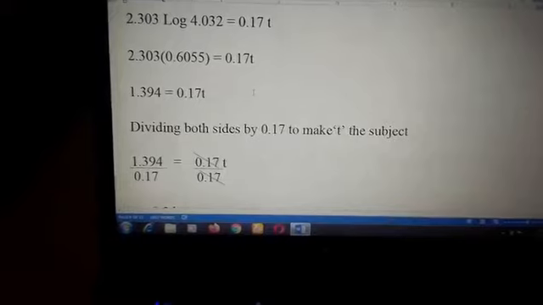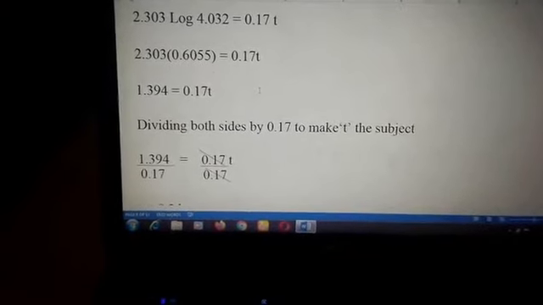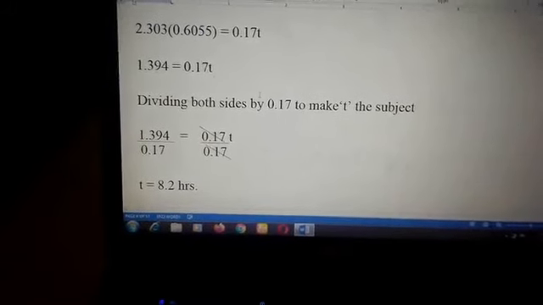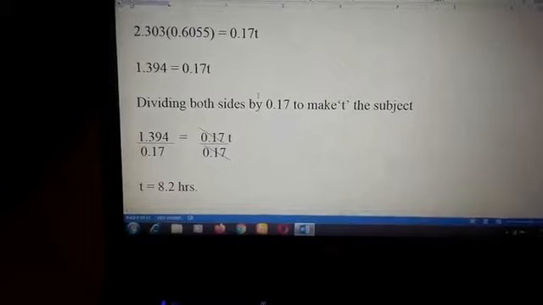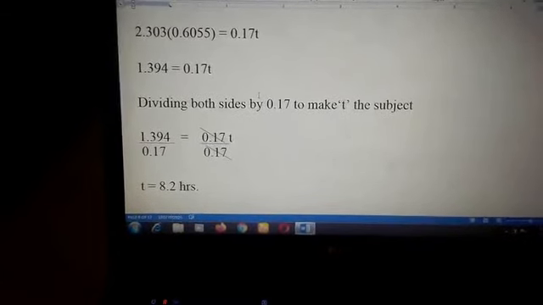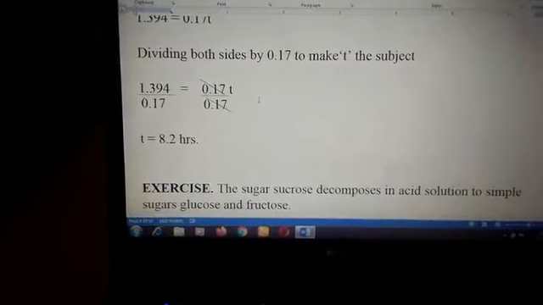We make t the subject: divide both sides by 0.17. We now have 1.394 over 0.17, and 0.17 over 0.17 cancels out, so t becomes equal to 8.2 hours. That is it.